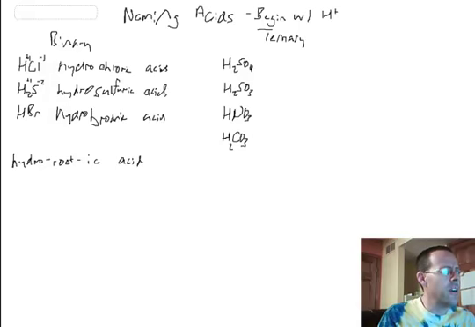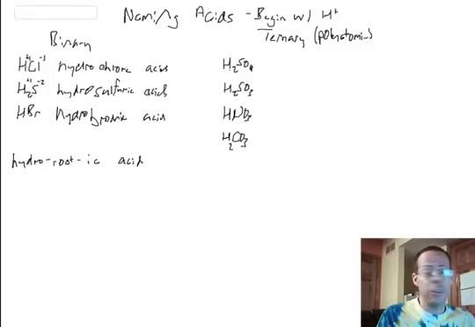Likewise with our ternary acids, they always have a polyatomic ion. So it's really just hydrogen followed by a polyatomic. Ternary really just means 3, so each of these has 3 elements instead of just 2. In this first case we have H's, S's, and O's.